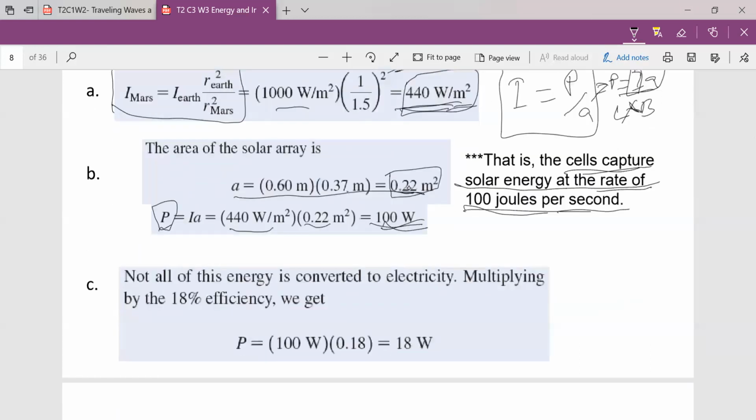So to solve problem C, we established that not all this energy is converted to electricity. So we were given that it has 18% efficiency. That will give us the information on the energy that is converted to electricity.